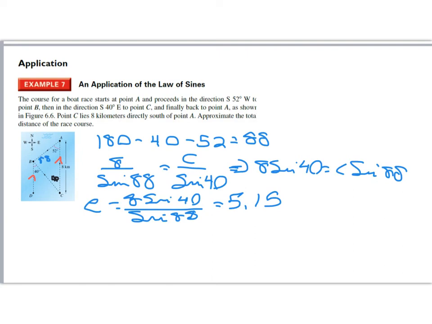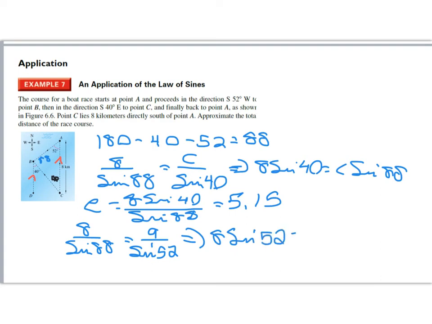So now I need to find A. So again, I'm going to go 8 over the sine of 88 is equal to A over the sine of 52. And cross multiply, 8 sine 52 is equal to A sine of 88. So therefore A is equal to 8 sine 52 all over the sine of 88.